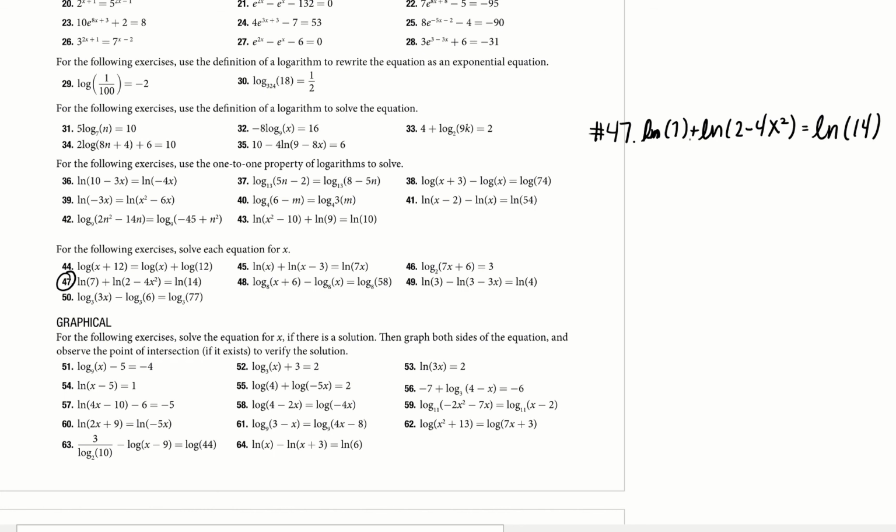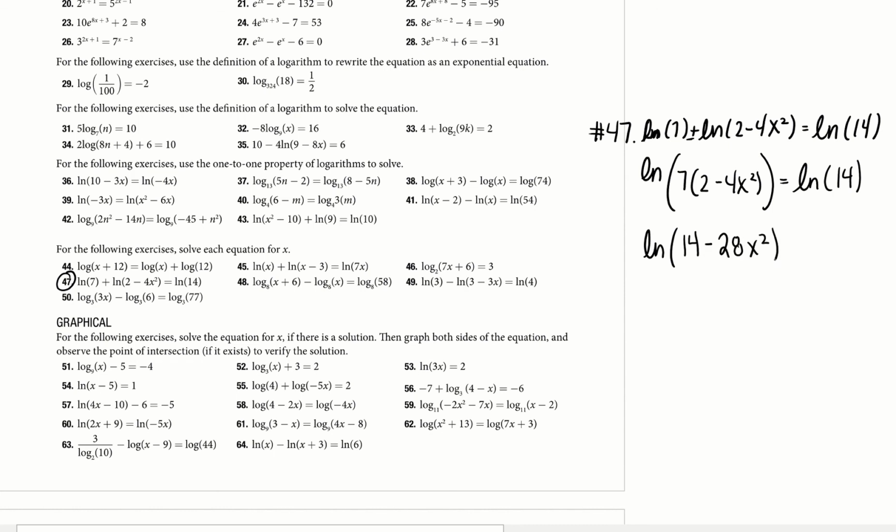So these are plus, so what I can do is try to combine them. ln of 7 times 2 minus 4x squared equals ln of 14. So ln of 14 minus 28x squared equals ln of 14.